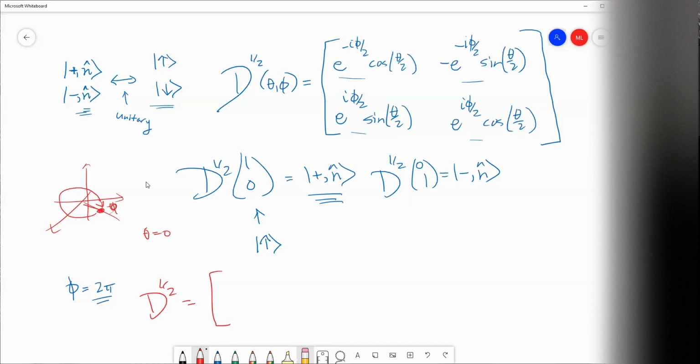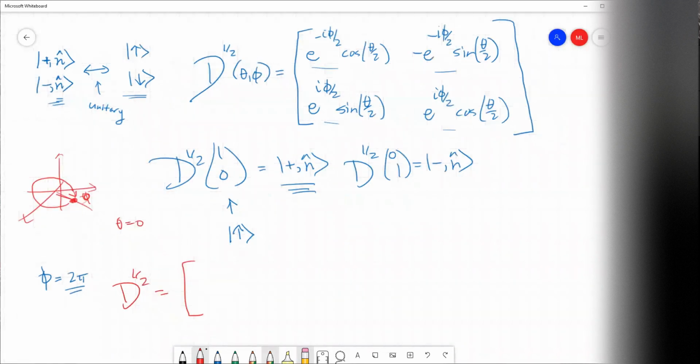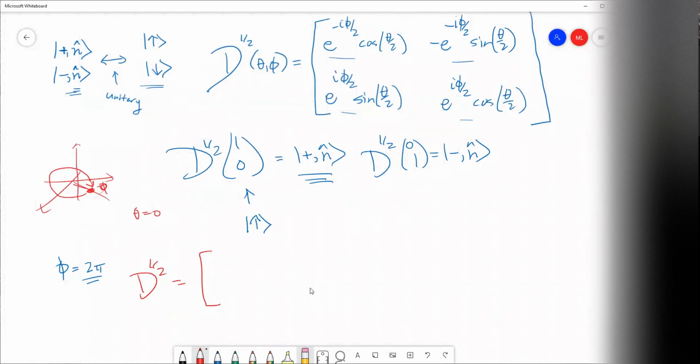Maybe a better example is we can also do this with theta if we wanted. So we could do theta equal to 2 pi. Yeah, maybe that's easier to show this. We can set phi equal to 0, and then we could run theta around by 2 pi, which should also give us the same result.